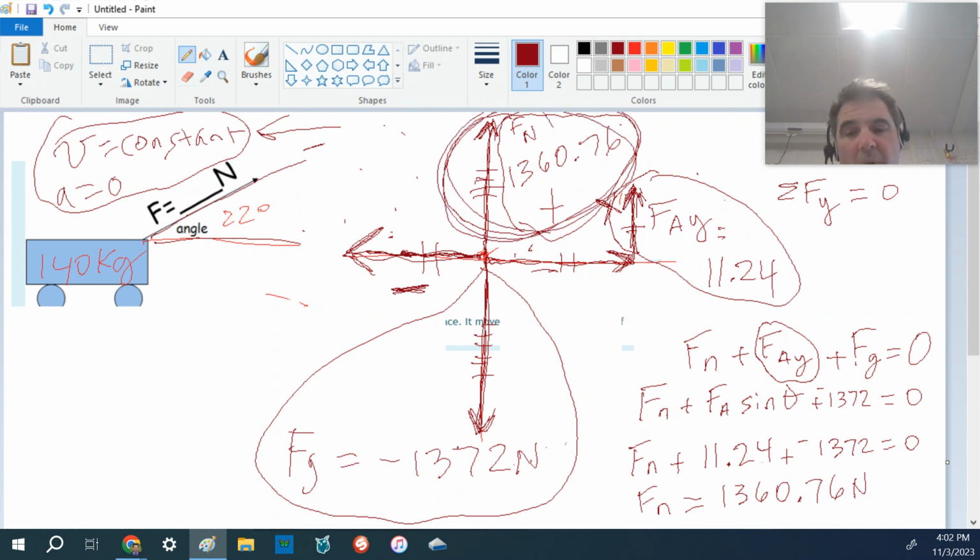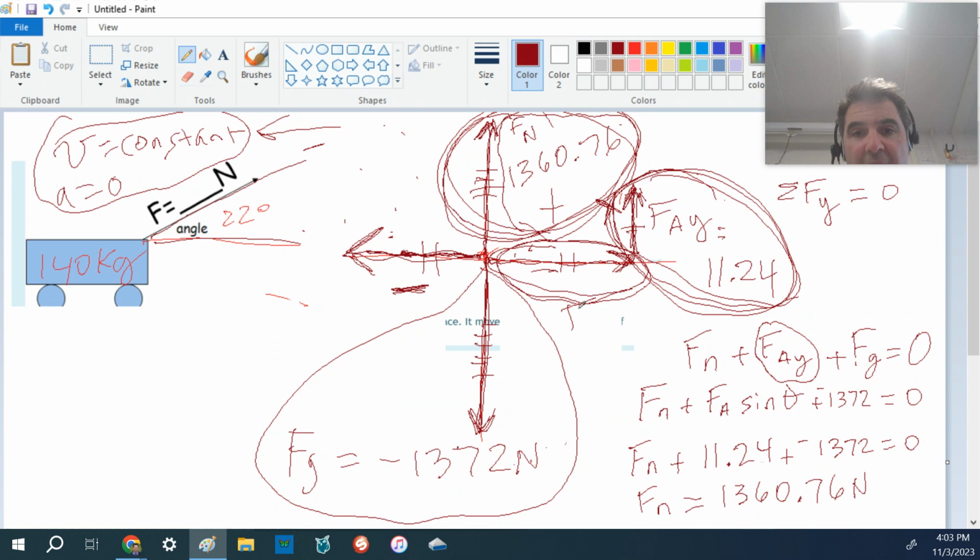If you really want to understand how to do this, I would do it again. The vertical component of the applied force is that one. The horizontal component is that one, which is FAX. And then FK is the force that the friction applies, is that one.